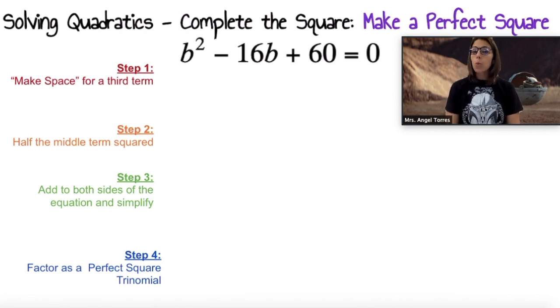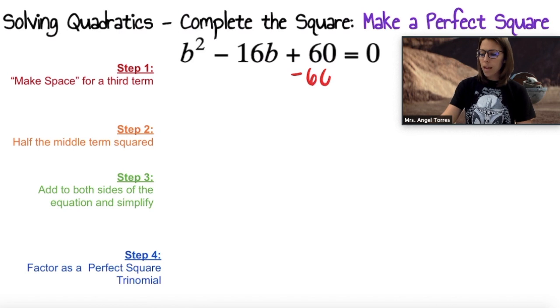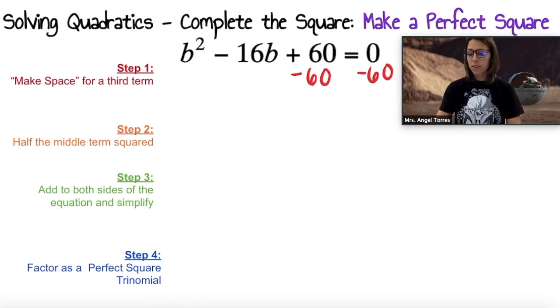Step 1, we're going to make space for a new third term, meaning we're going to put something new in place of 60. But mathematically, you can't just wave a magic wand and make something disappear. We're going to make space by using a property of equality and creating 0 out of that 60. To do that here, we would subtract 60, and because of that property of equality, we'd have to do it to both sides.